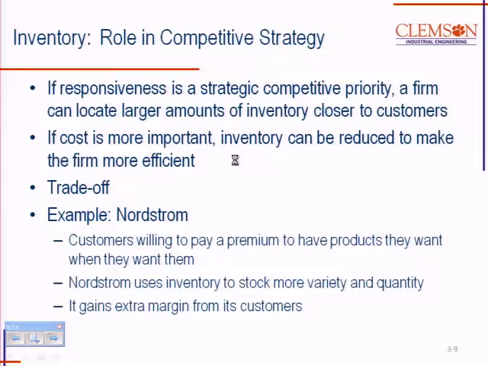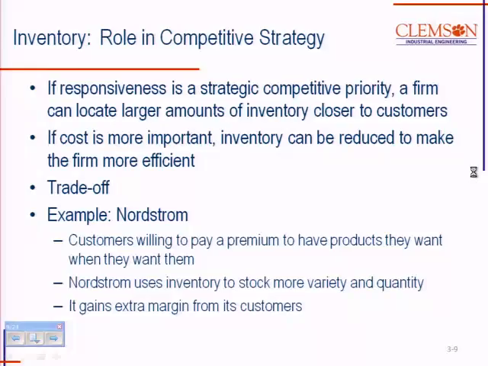In terms of competitive strategy, if a firm wants to be responsive, of course they're going to locate inventory closer to customers and in larger amounts. And obviously vice versa for a firm that wants to be more efficient. For example, Nordstrom has customers that are willing to pay a premium to have the products that they want when they want them.